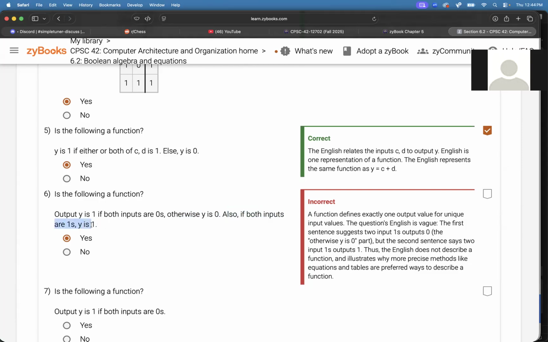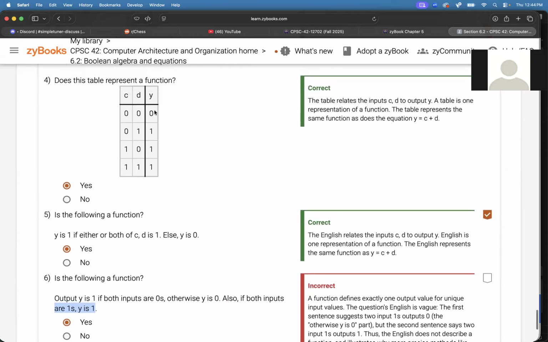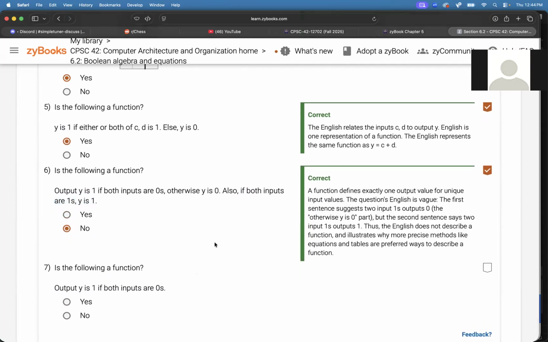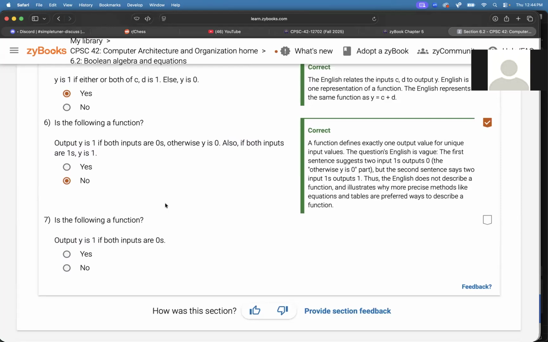But if both inputs are 1, then that should have already been covered in this otherwise. So this doesn't make sense. Like there's no way to actually write this in a truth table because you'd have a box that has to be filled in with a 1 and a 0 because they said contradictory things. So that's what I get for clicking yes without reading it, but that's a problem there with it.